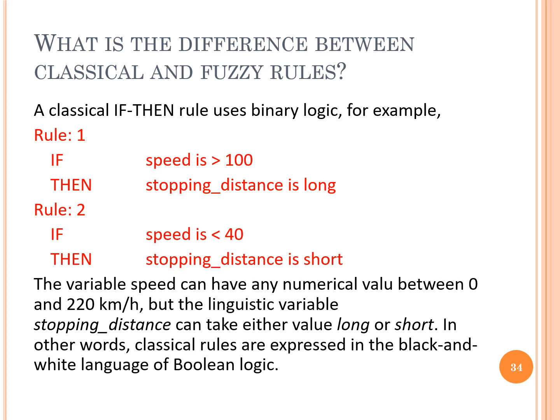The variable speed can have any numerical value, say between 0 and 220 kilometers per hour, but the linguistic variable stopping distance can take either long or short. In other words, classical rules are expressed in the black and white language of Boolean logic.